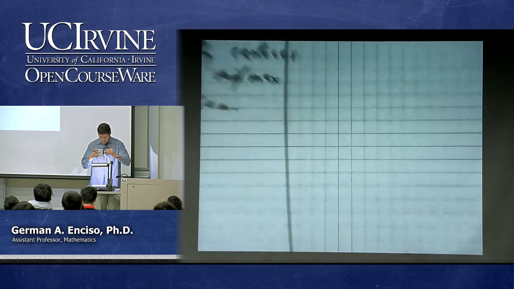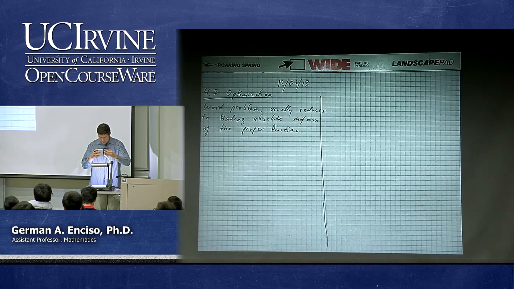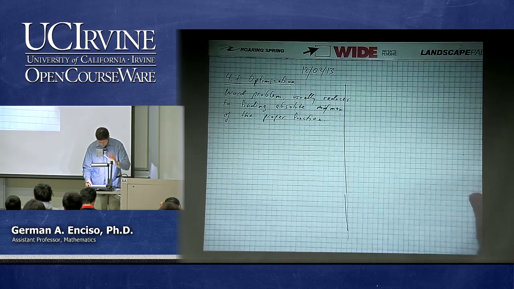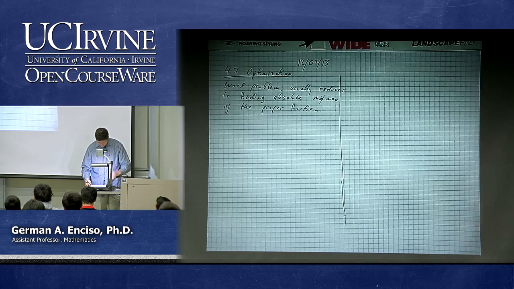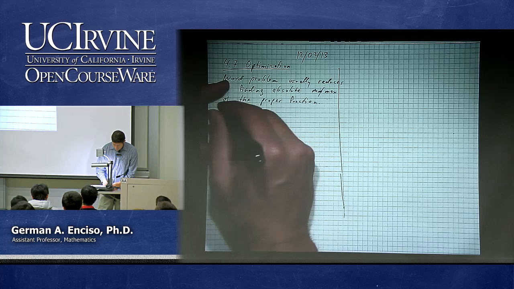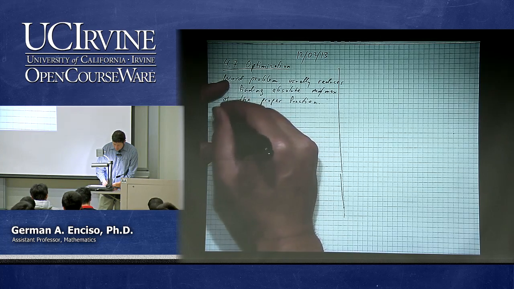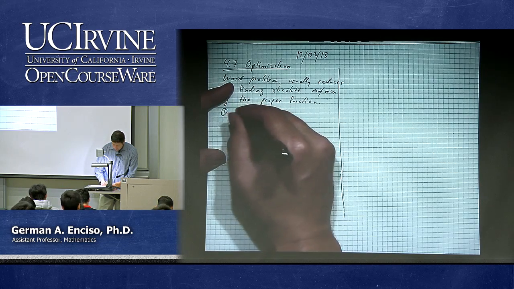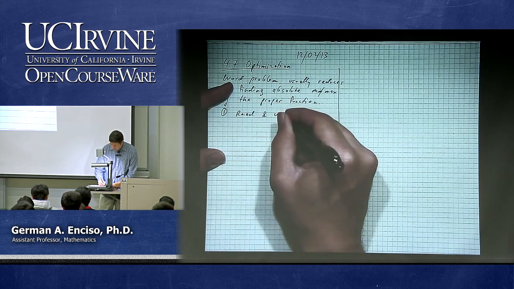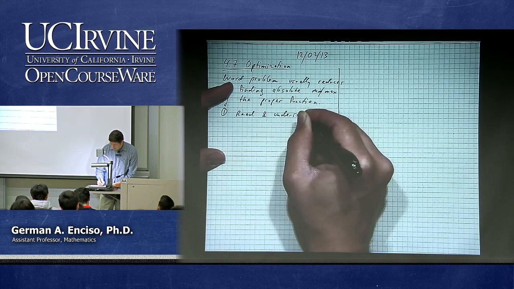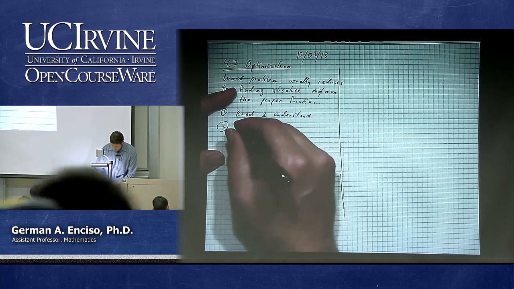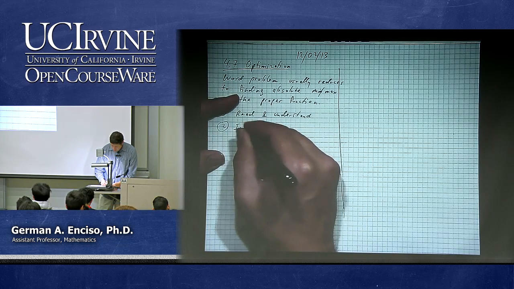So let me give you a specific example of an optimization problem. Actually, let me write very quickly here my own short version of this. Read and understand the problem. Second is to introduce notation.